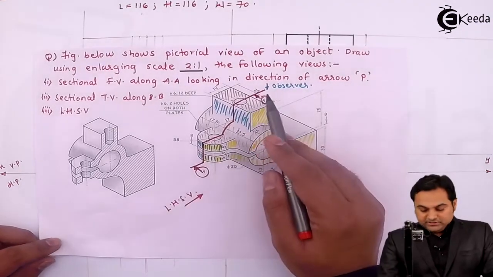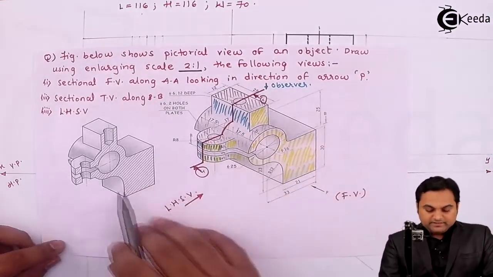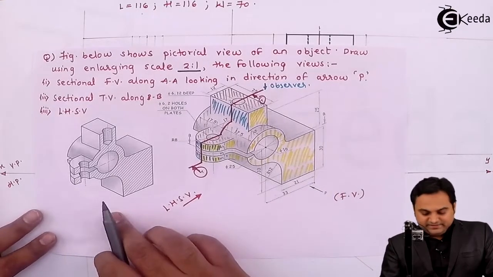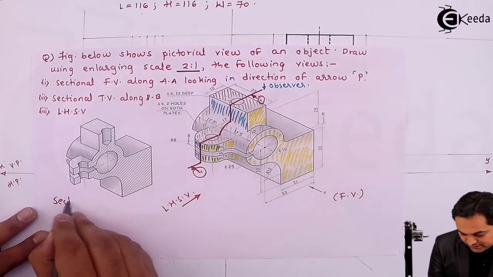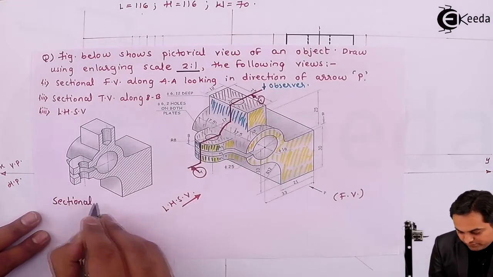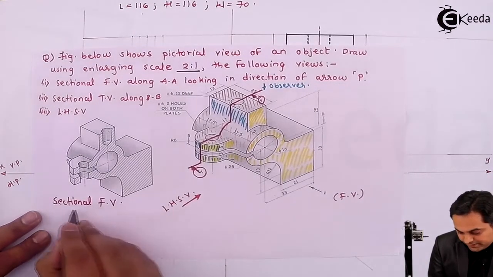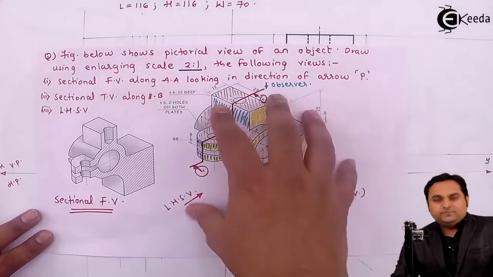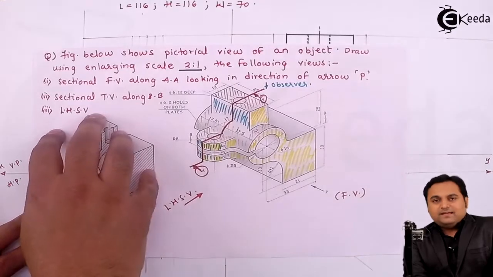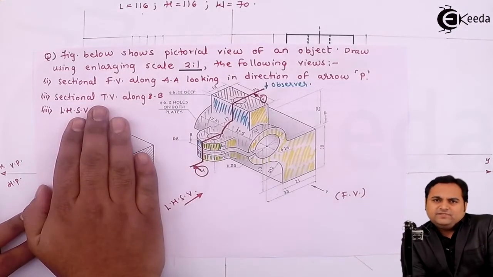So when the object is cut about this line, it will look like this because this is an added diagram which is given here. This is for the sectional front view. And remember, this is not a part of the question. Our question is only up till this much. This diagram is given so that we can visualize, we can imagine how the sectional front view is going to look like.